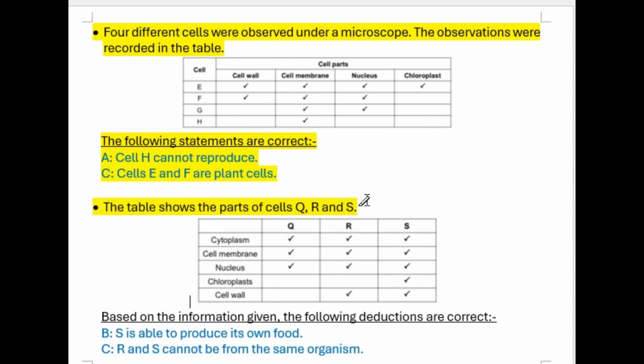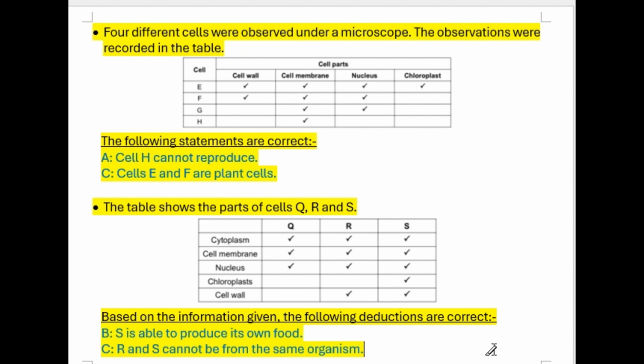The table shows the parts of cells Q, R, and S. Based on the information given, the following deductions are correct. B. S is able to produce its own food.